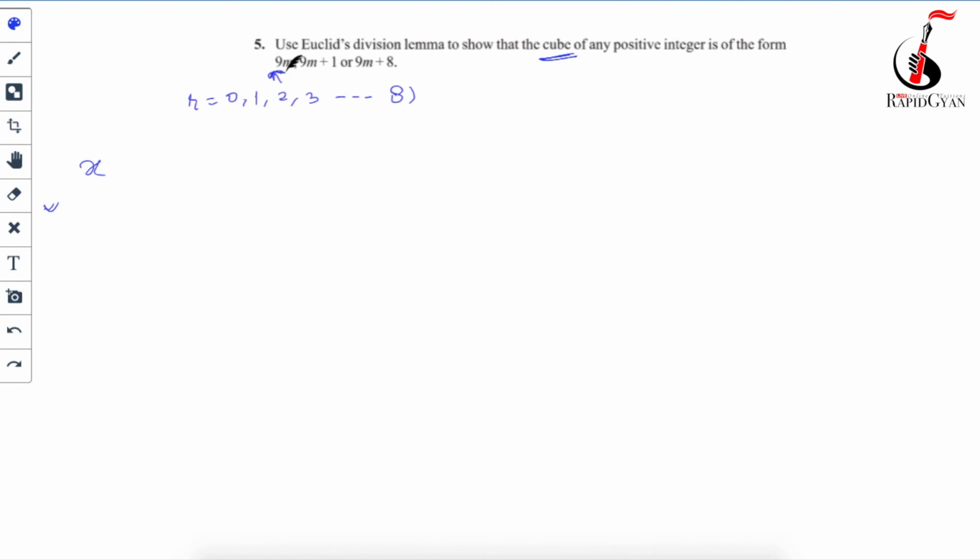So instead of taking 9 as a divisor, if I take 3 as a divisor, and since we will have to get the cube, 3 cube will be 27, and in the factors of 27 I can get 9, because it's 9 times 3.